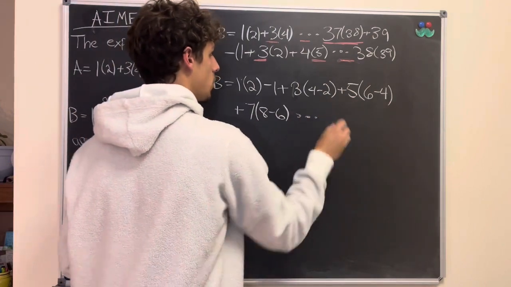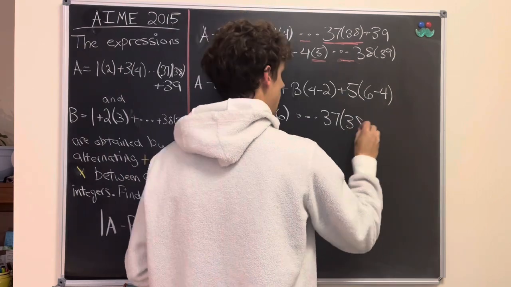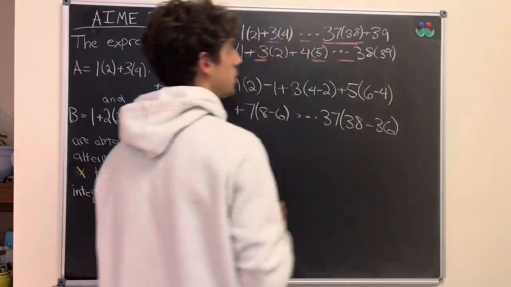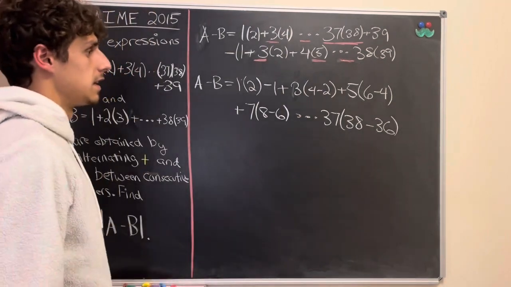This is going to continue all the way up to 37 times 38 minus 36, where this 38 is listed right here, and like I said, this 36 is at the very end of these dots here.